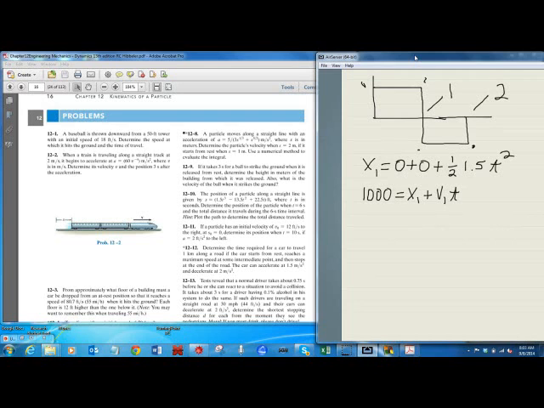T minus t1. Yeah, I should put a 1 on this guy. Right? Maybe I should put t1 here. T2 minus t1. Maybe I should make a 2 here. T2. What's the acceleration? Is that clear?